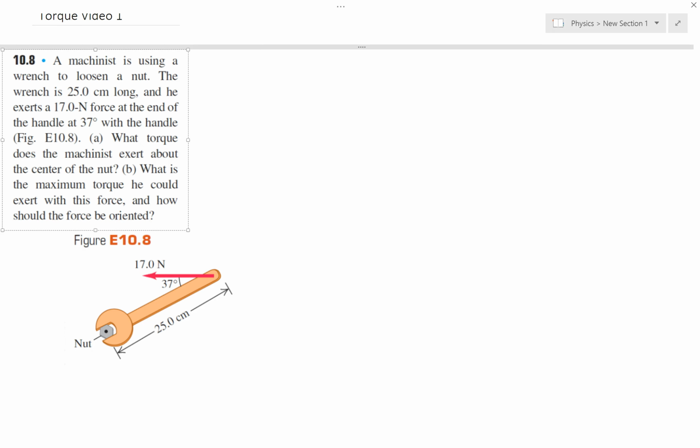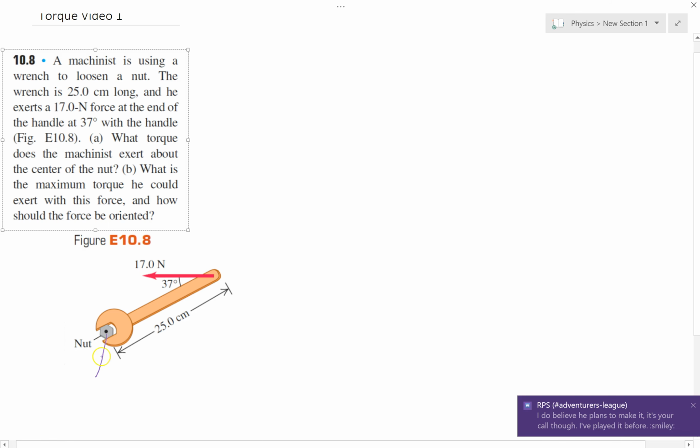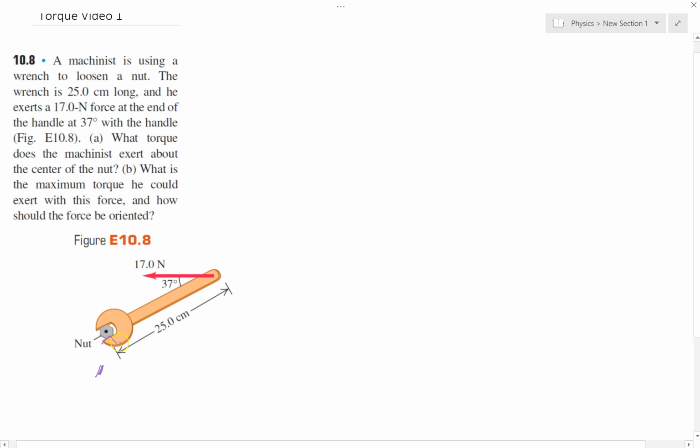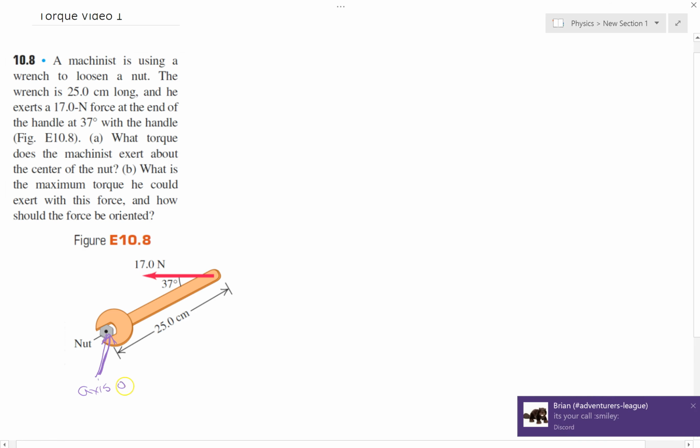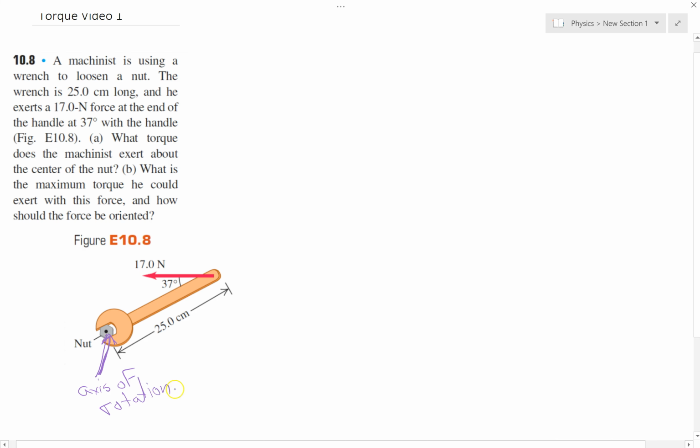What they didn't include in this picture is the lever arm, or where the axis is. Well, the first part is to figure out the axis, and that's going to be pretty easy and straightforward. That piece right there, the center of the nut, is going to be the axis of rotation.